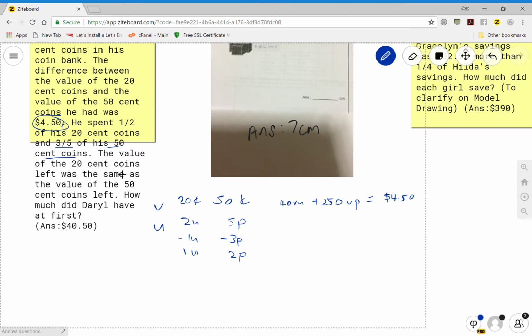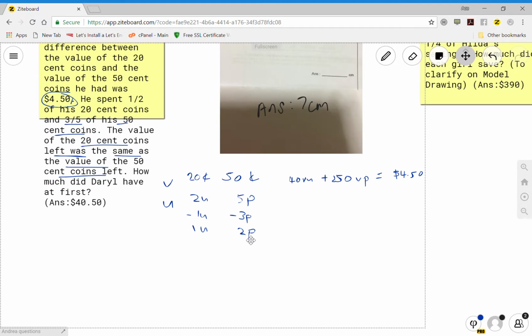Okay, wait. The value of the 20 cent left was the same as the value of the 50 cent coins left. The value here is the same as the value here. Okay, sorry, we got the reverse again. If the value here at the end is the same, that means the number of 20 cent coin is 5 times the number of 50 cent coin.